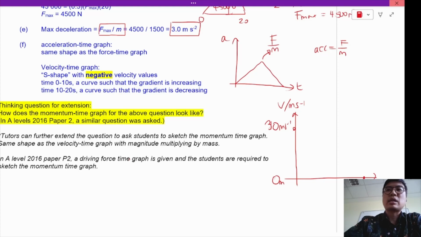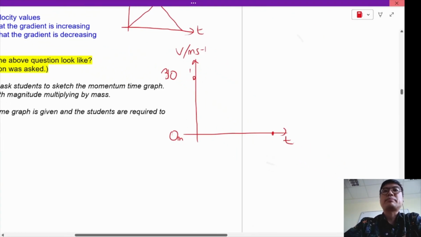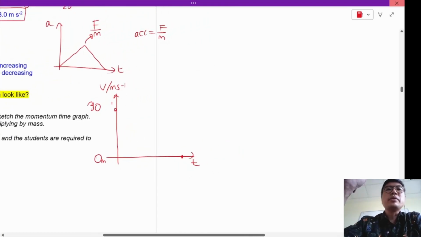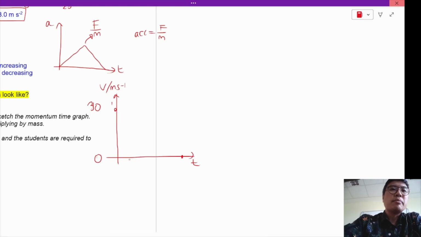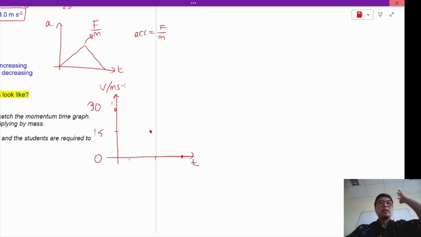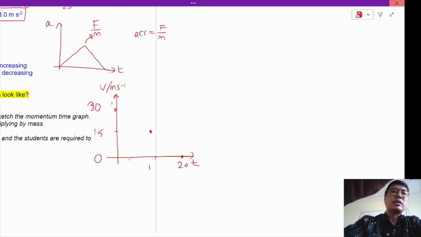We'll put meters per second on the top so that we don't have to keep writing it. So sometime in the future, it will reach 0 meters per second over here. And sometime halfway down, it's going to reach 15 meters per second because that was what we worked out. The time is 20, the time is 10.